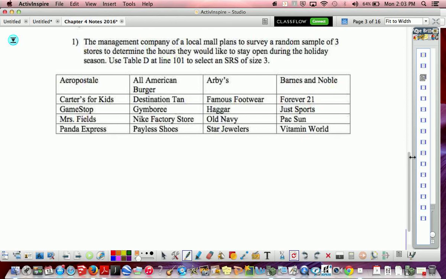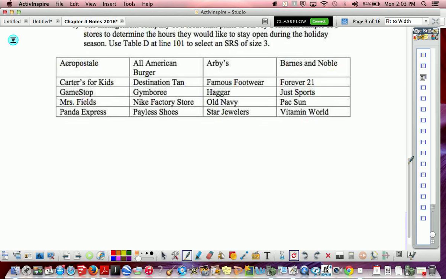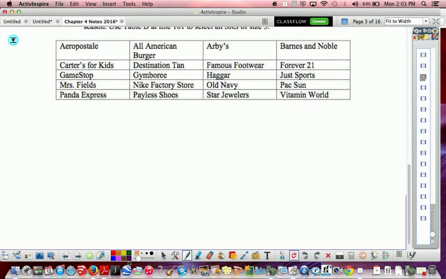So, to start us off, I start with the label part. And the label part is usually just one sentence. I'm going to describe how I'm assigning the digits.